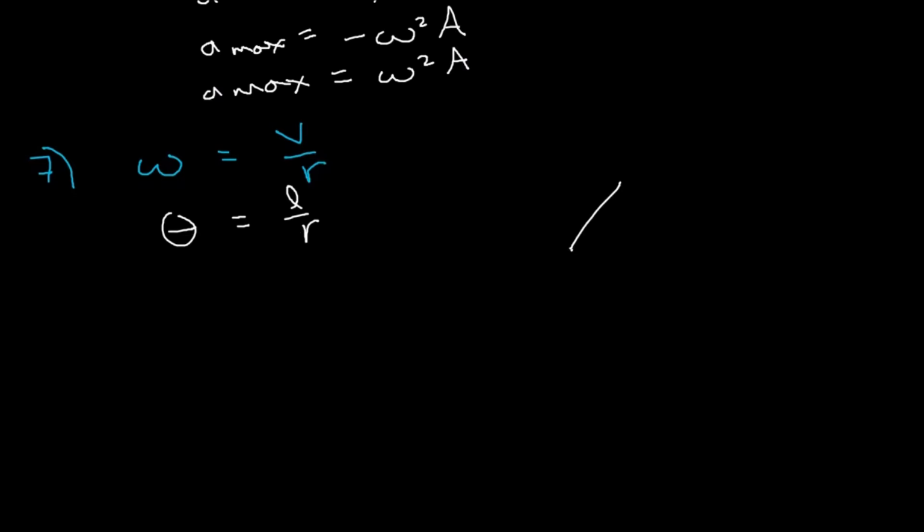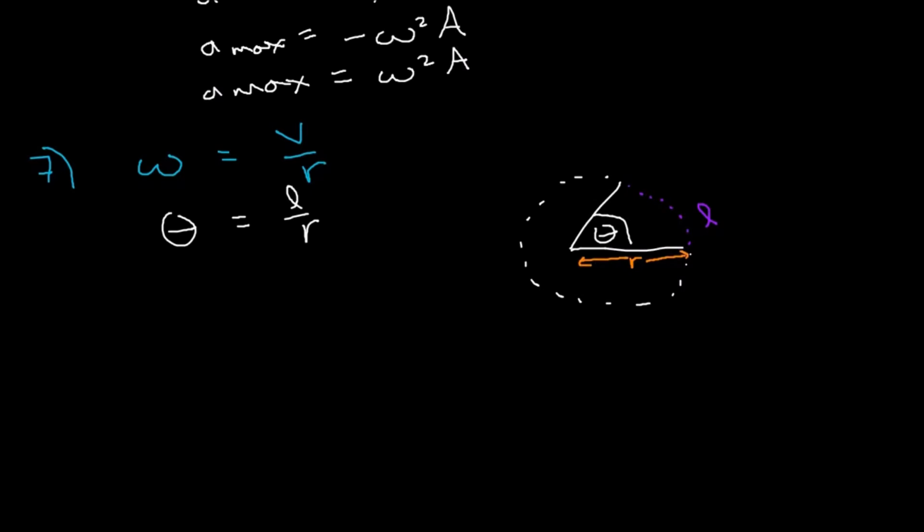So to draw it out, theta is the angle subtended in a circle. So if you have a circle, theta is the angle subtended, and L is this length over here. This is L, and R is the radius, so I'll do that in orange. So this is the radius over here.